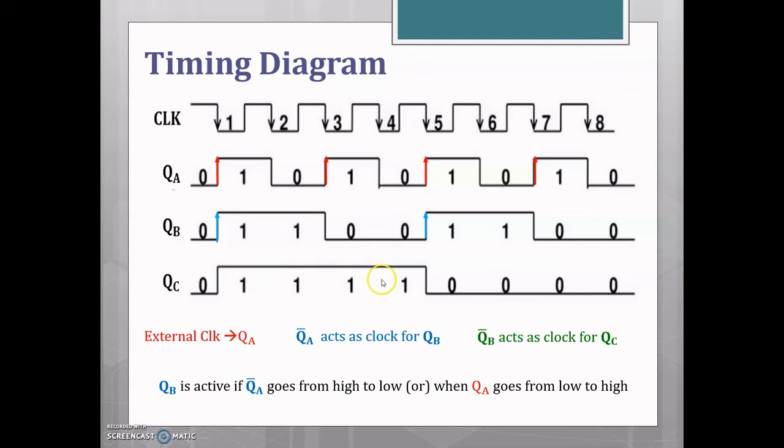It will remain in the 1 state till QB again changes from low to high. Again at this point, the C flip-flop is active, so it toggles from logic 1 to logic 0. In this way, it counts the value from 7 to 0. So this is 7, 6, 5, 4, 3, 2, 1, 0 and again 7.